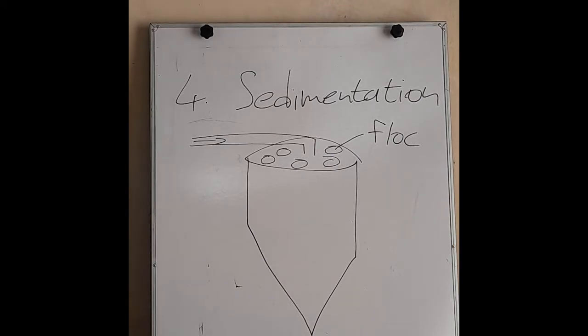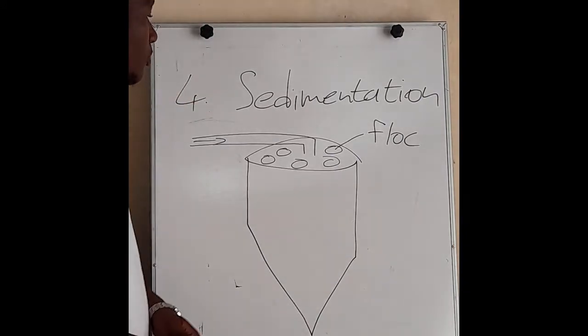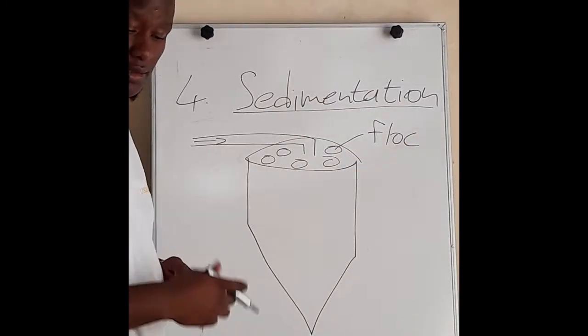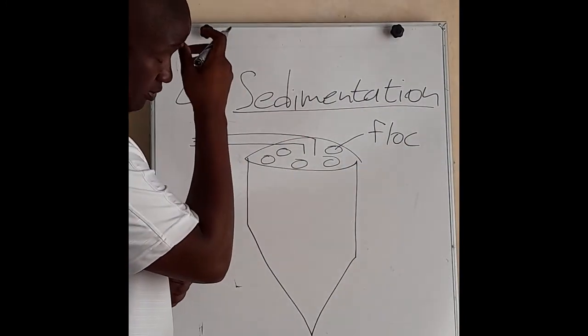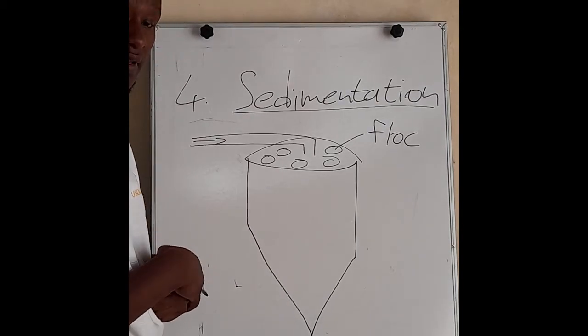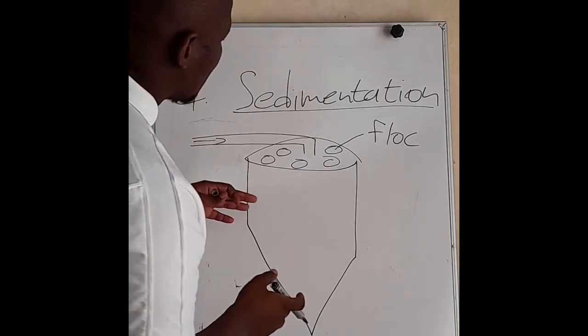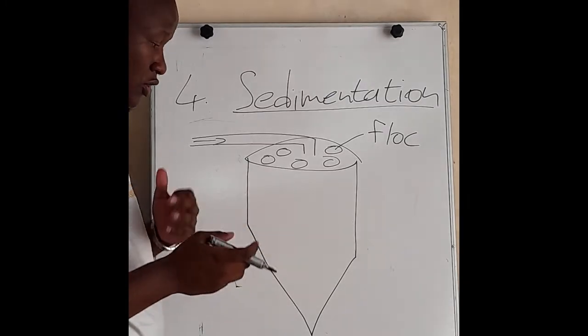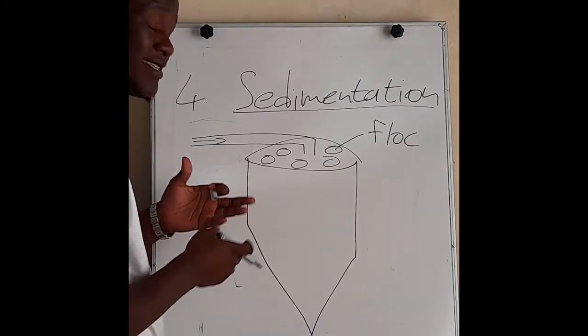So guys, our fourth step or process is known as sedimentation. Again, as I said before, also known as clarification. Now our water has moved from our flocculation and coagulation into a sedimentation tank.